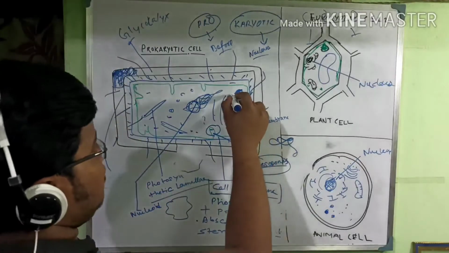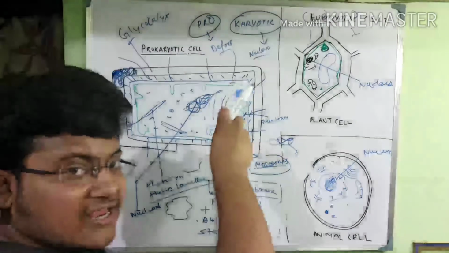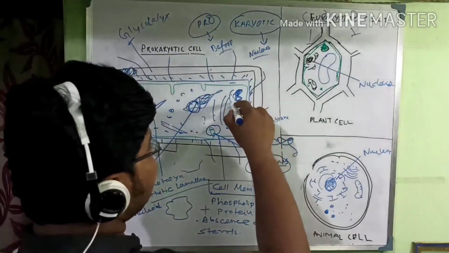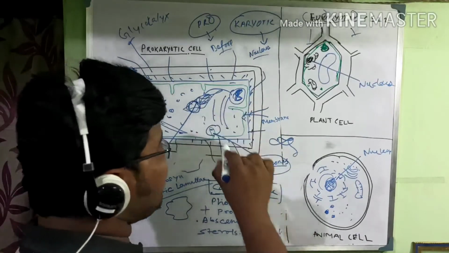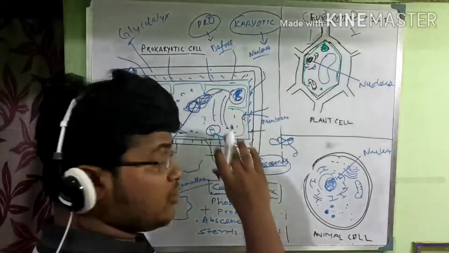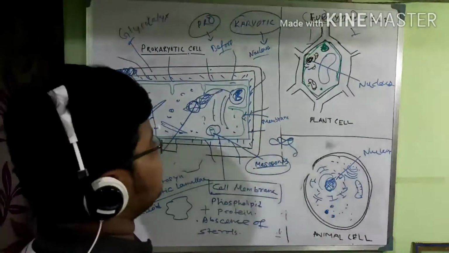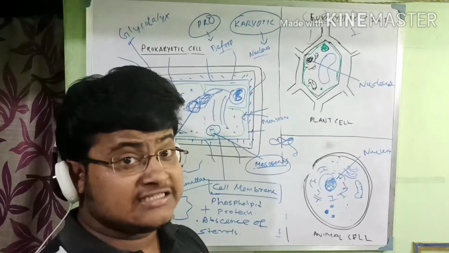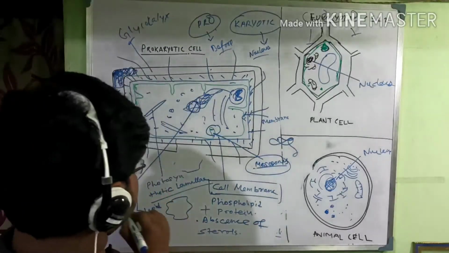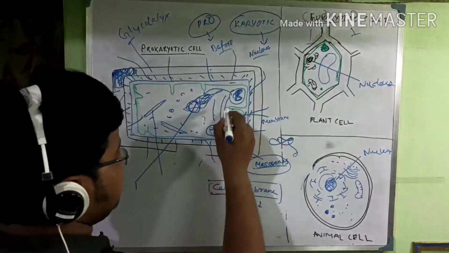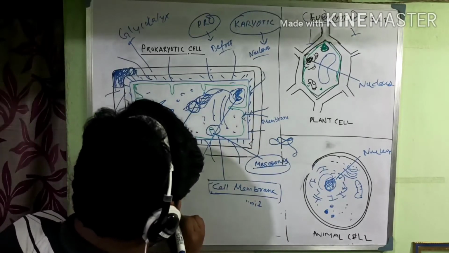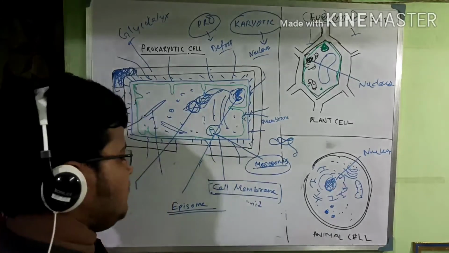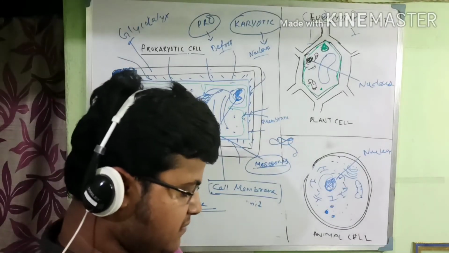When it remains free, it is known as a plasmid. But when it is integrated with the bacterial nucleoid, it is known as an episome. They are the extra chromosomal material.